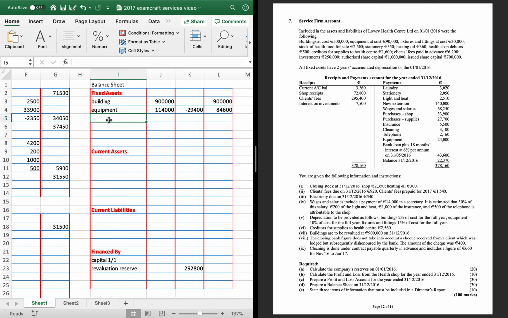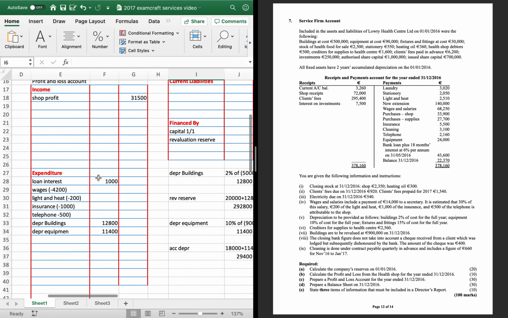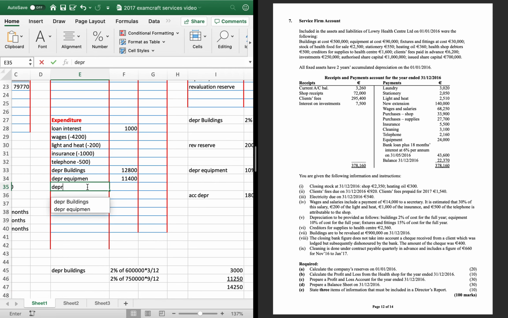Then we've our last one, fixtures and fittings. And again, I know I'm going to have a depreciation of fixtures and fittings as well as accumulated depreciation. So we'll see if there's any fixtures and fittings. Didn't sell any, no mention here, and it's just 15% for the full year. So nice and easy.